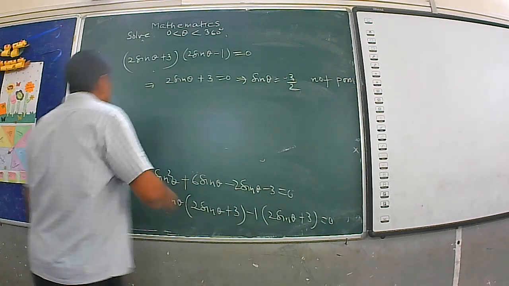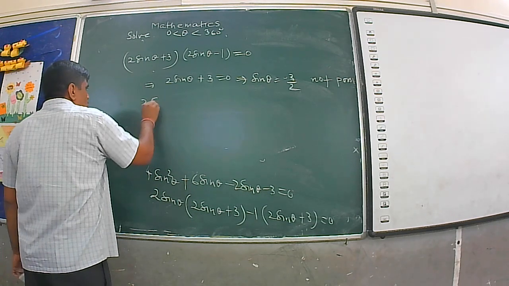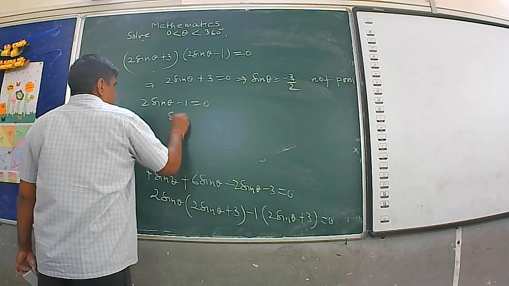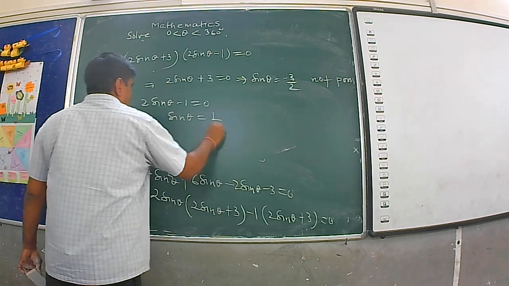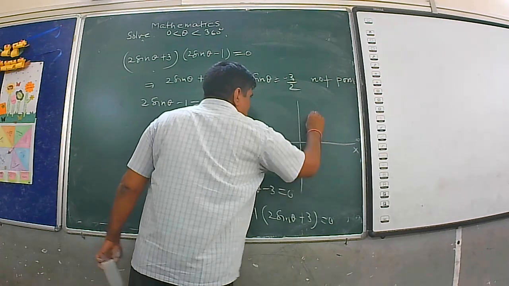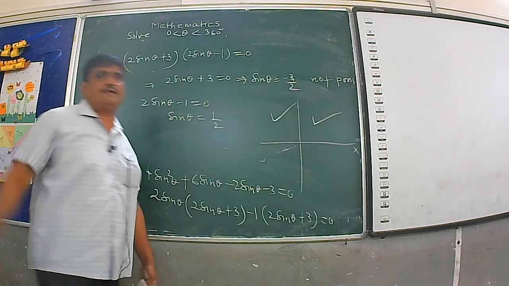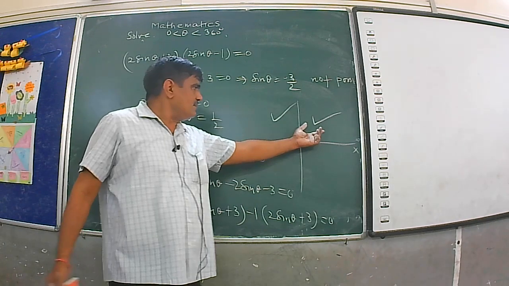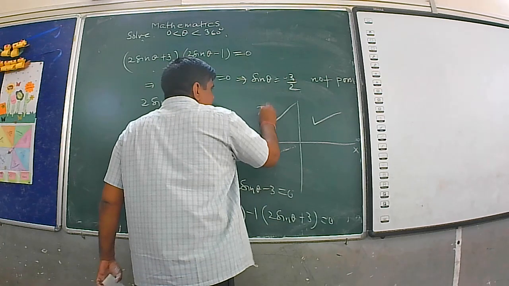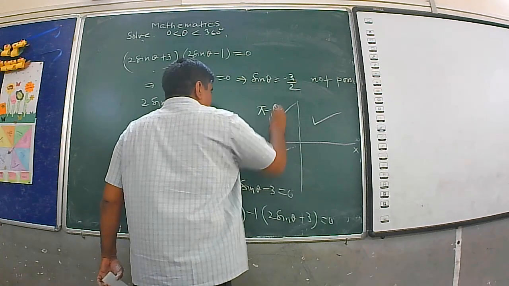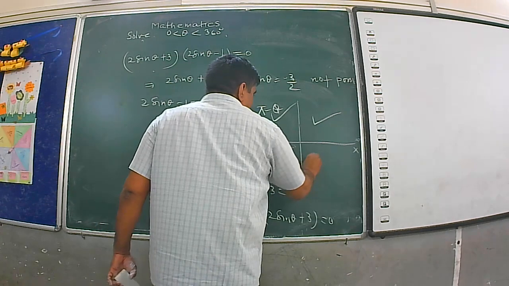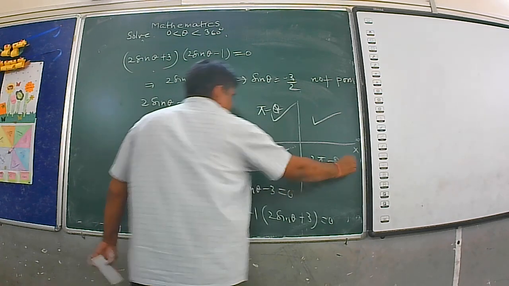And from the second condition, 2 sin theta minus 1 equal to 0 and sin theta is equal to half. Sin theta is positive in the first quadrant and second quadrant. For the first quadrant, the value is theta, for the second quadrant, pi minus theta, third quadrant, pi plus theta, and fourth quadrant, 2 pi minus theta.